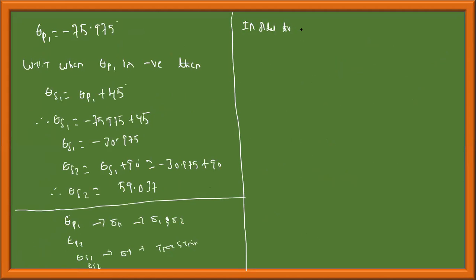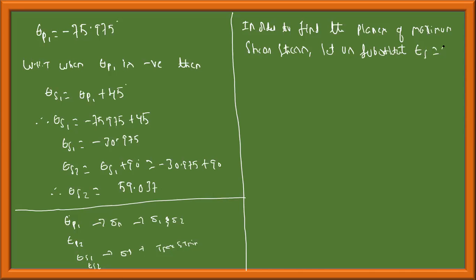In order to find the planes of maximum shear stress, let us substitute theta s equal to theta s1 in sigma tangential, which is given by minus of (sigma x minus sigma y) by 2 sine 2 theta s1 plus tau xy cos 2 theta s1.